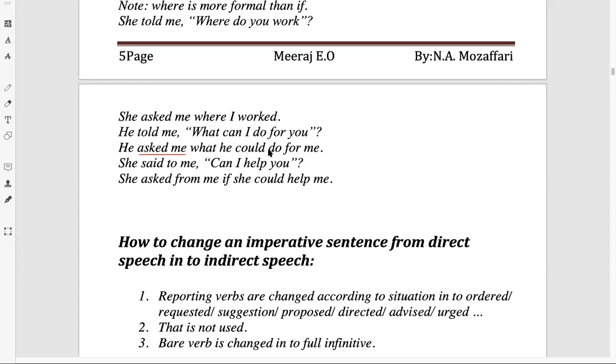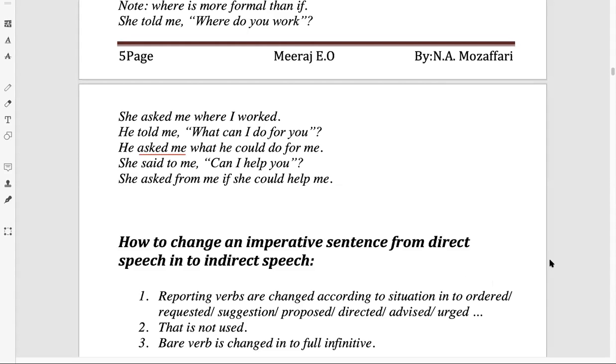Okay. She said to me what he could do for me. She said to me, can I help you? She asked me, or you can say she asked from me, if she could help me. Okay. He told me that what he could done for me.